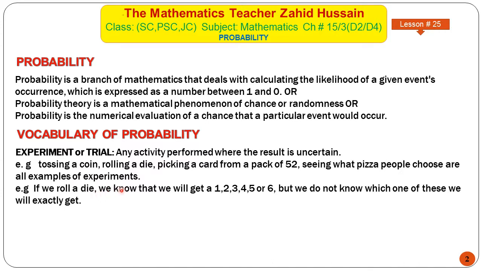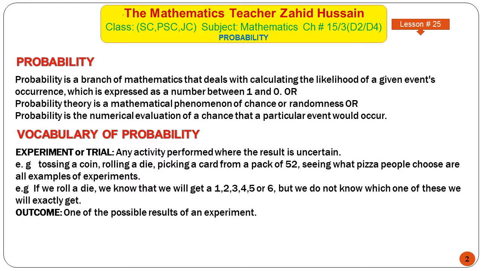If we roll a die, we know that we will get a 1, 2, 3, 4, 5 or 6, but we do not know which one of these we will exactly get. Outcome. One of the possible results of an experiment is called an outcome.